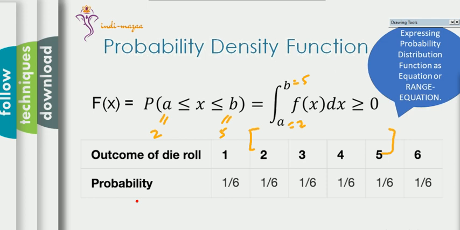Hence, the probability of the range is equal to the sum of individual probabilities, which is here the probability of throwing 2, plus the probability of throwing 3, plus the probability of throwing 4, plus the probability of throwing 5. The result is 1 divided by 6 for throwing 2, plus 1 divided by 6 for throwing 3, plus 1 divided by 6 for throwing 4, plus 1 divided by 6 for throwing 5.